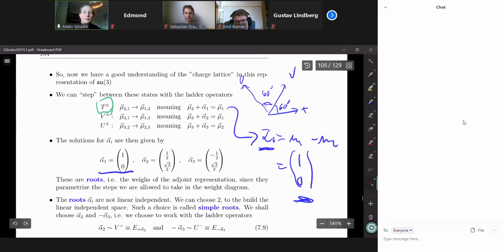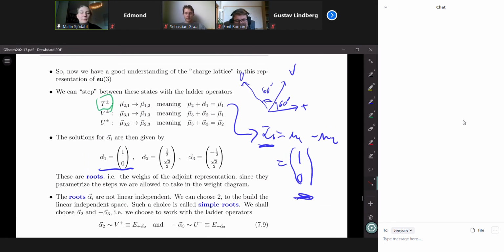And in the same way, by considering the action of v plus and u plus, one can find alpha 2 and alpha 3, so the other root vectors. And these are the root vectors. So the root vectors are the difference between the states. It's like the difference between different spin z eigenvalues in the one-dimensional SU2 case.